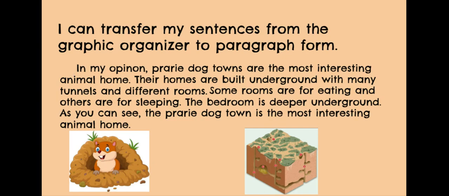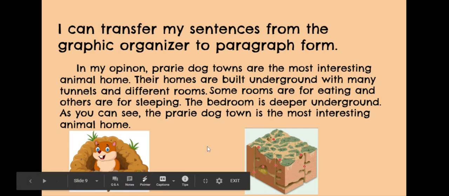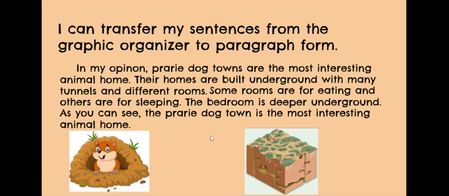If there was another paragraph underneath here, it would also have an indent to show that it's a new paragraph. At the bottom of my paragraph, I added some pictures of a prairie dog coming outside of its little town. And I also added a picture of the prairie dog town that was in our text. So I used pictures to reinforce my opinion.